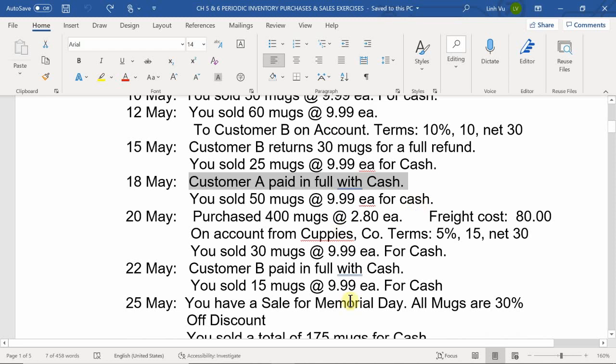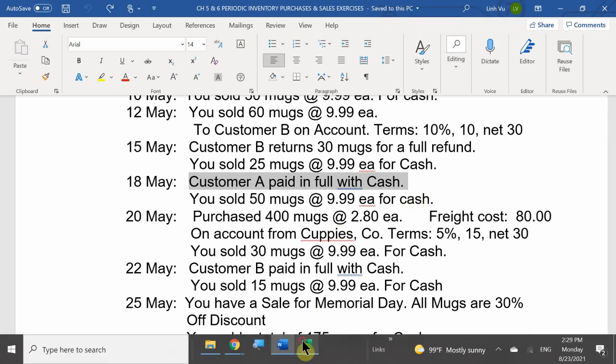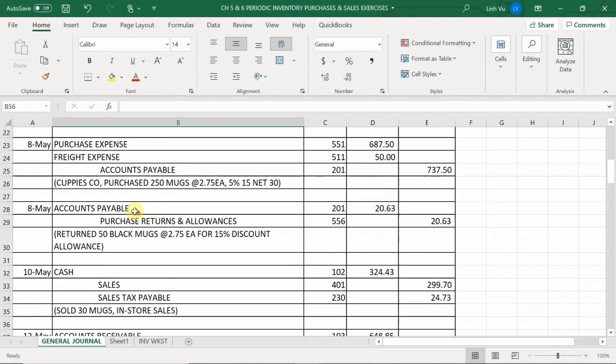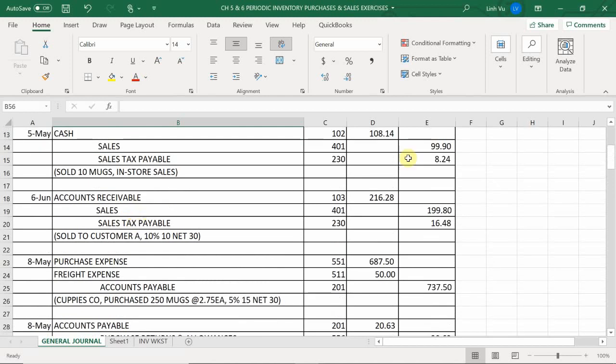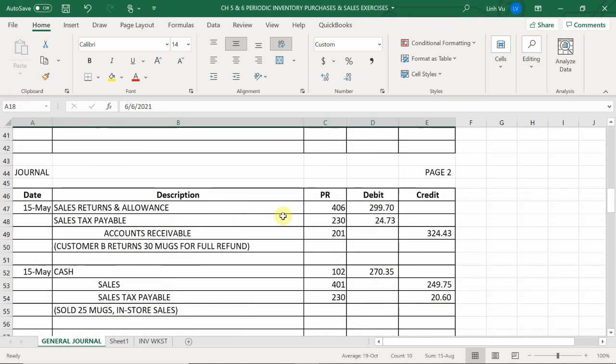So that means they have to pay in full with cash. So let's take a look at the amount that they owe us on May 6. May 6, right here. They have an accounts receivable for a total of $216.28.